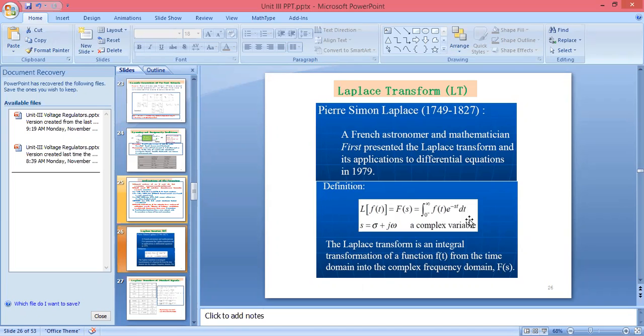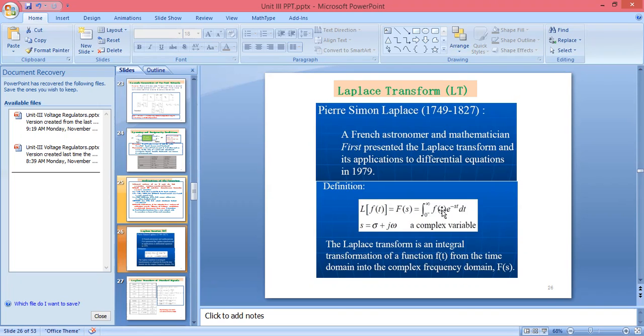Because by using the Laplace transform, we are using the initial conditions that can be used in the transformation equation. So when we are using the Laplace transform, at that time we can convert the differential equation to the frequency domain. You will get the value in the form of frequency domain.